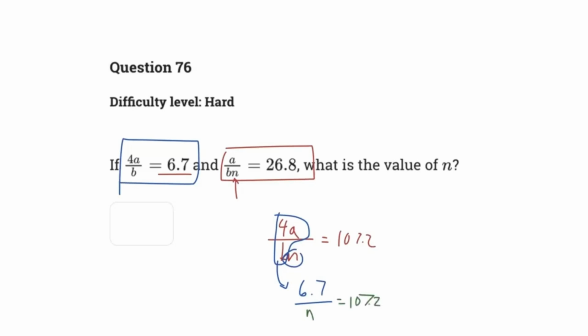You can rearrange this to solve for n, and we would get a value of 6.7 over 107.2 equals n. And 6.7 over 107.2 also just simplifies to 1/16, and therefore our value of n is 1/16.